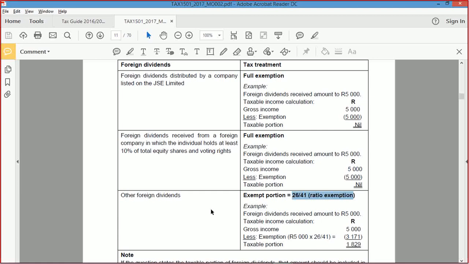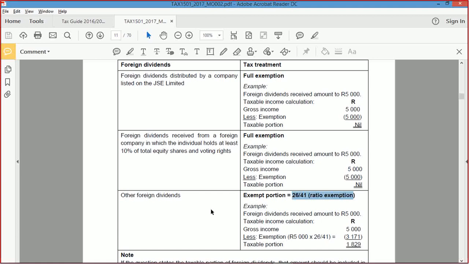But for the 10% one, is that foreign dividends in South Africa, or outside of South Africa? It's foreign dividends received from a foreign company.